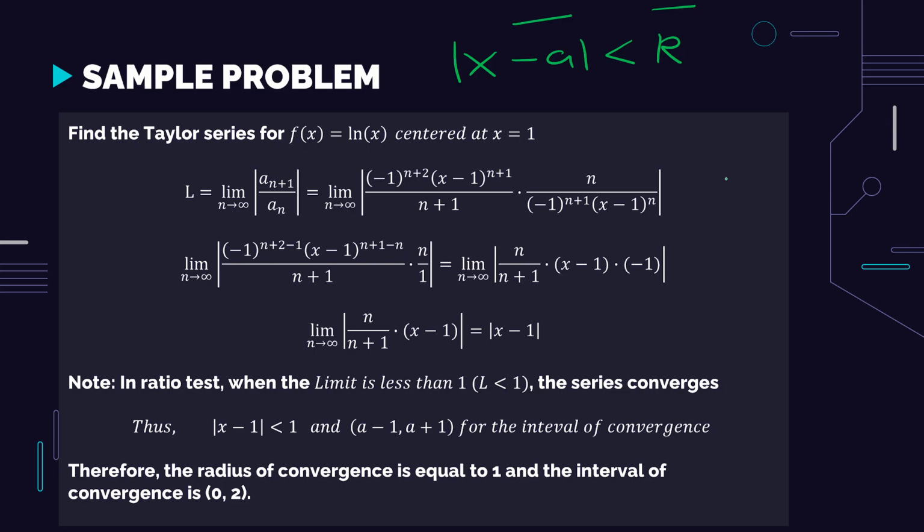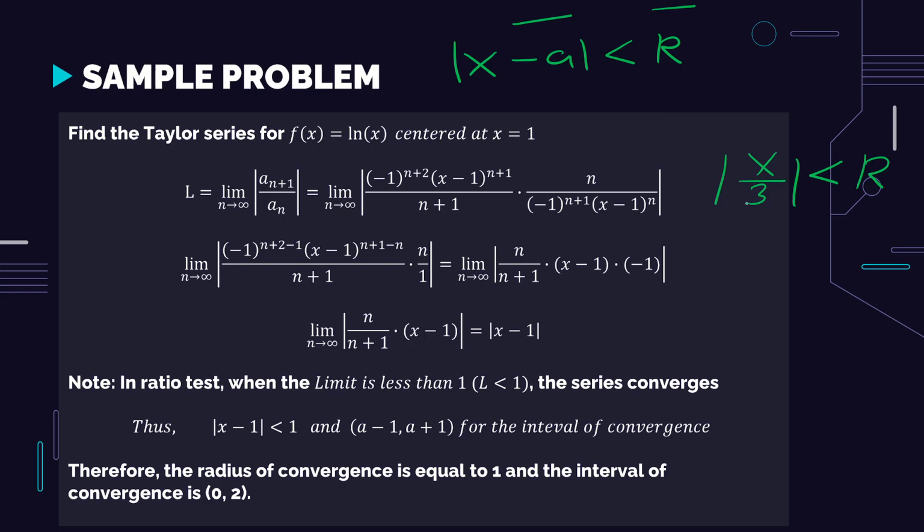However, if you have this certain case, the absolute value of x over 3 less than r, you simply isolate the value of x.